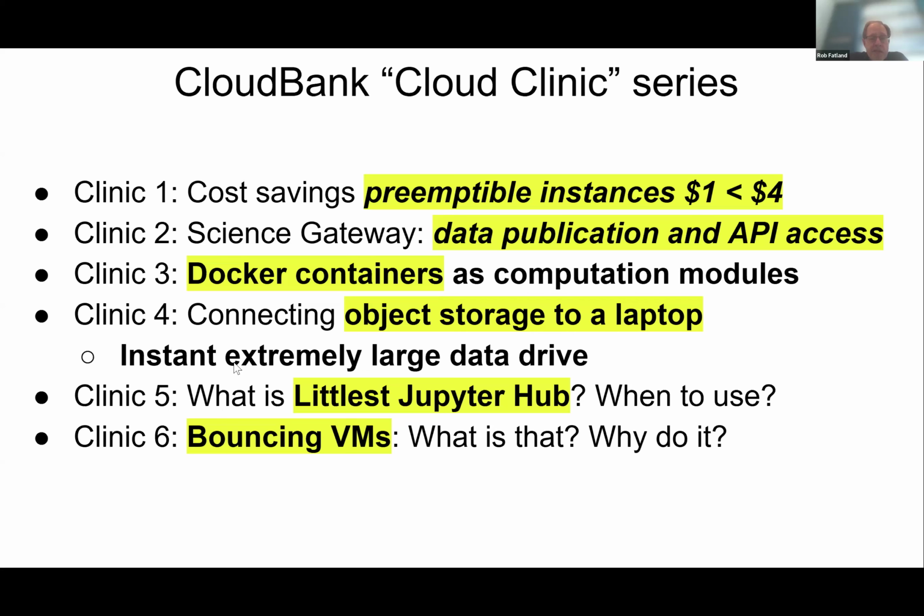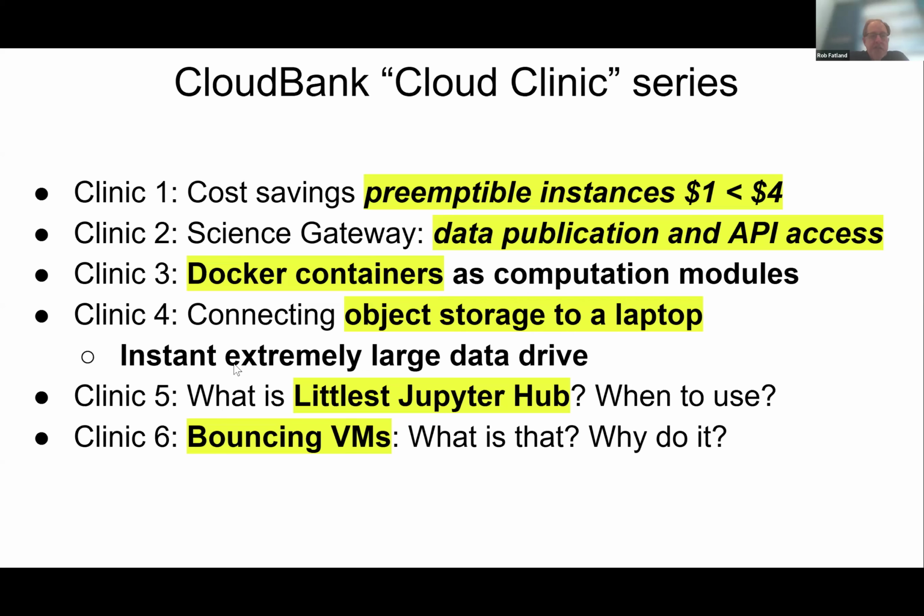But we went through the process of connecting an object storage bucket, an S3 bucket, to a laptop so that it appears to be a data drive. And that's kind of cool to have a large data set sitting on the cloud, but appearing to be local, so that you can access it through local means.